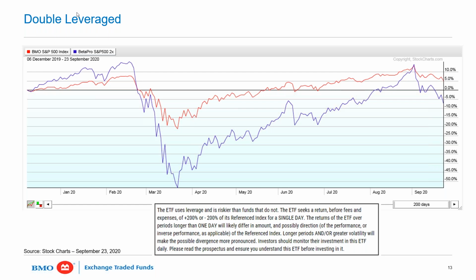It'll depend completely on the ups and downs it took to get there over the course of the year. And in general, over time, quite often you'll lose value because, going down 5%, you have to actually earn double to get back up. And because this fund magnifies the down days just as much as the up days, generally over time, it would be a negative experience if you held it over the long term.